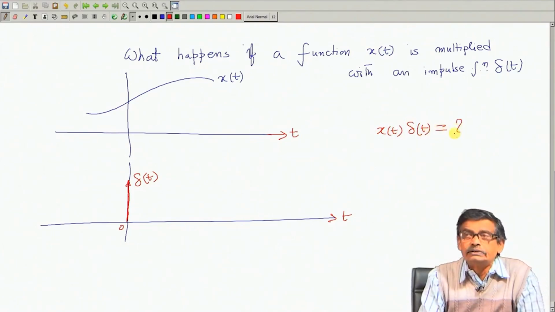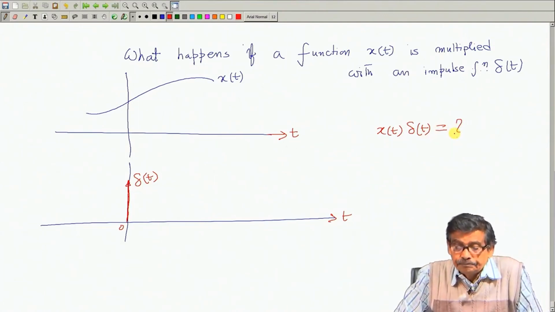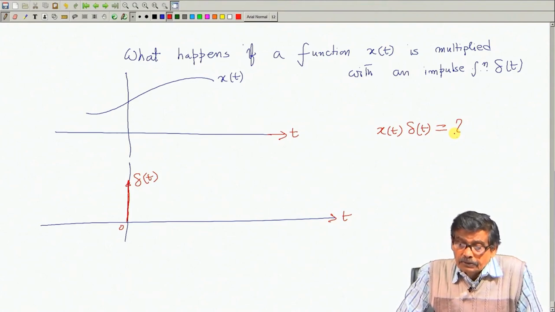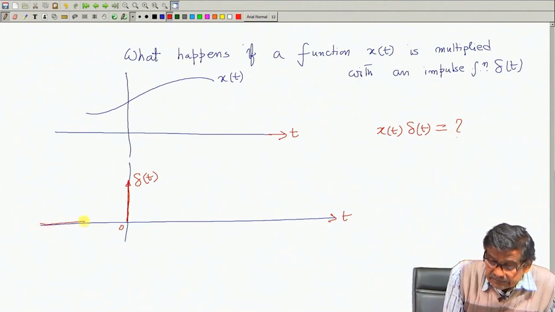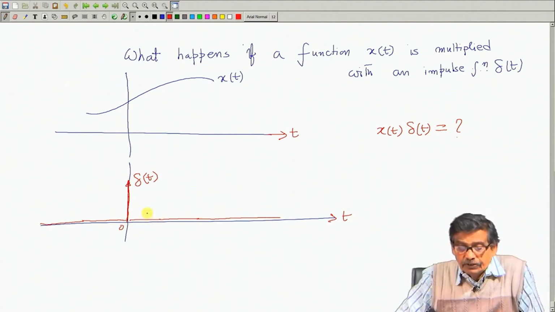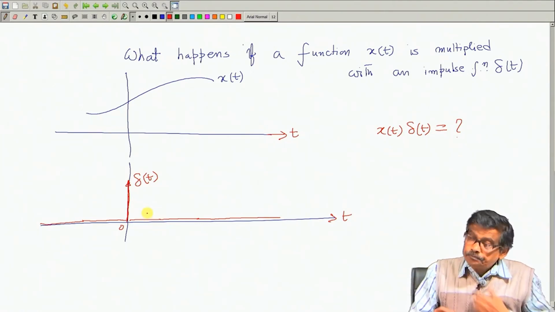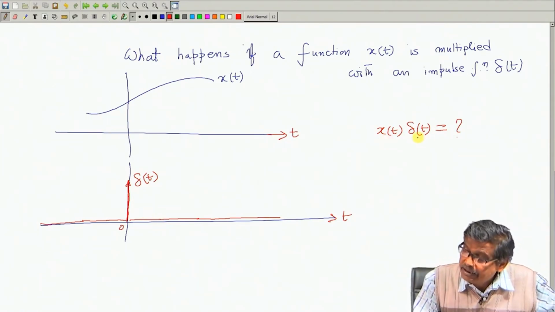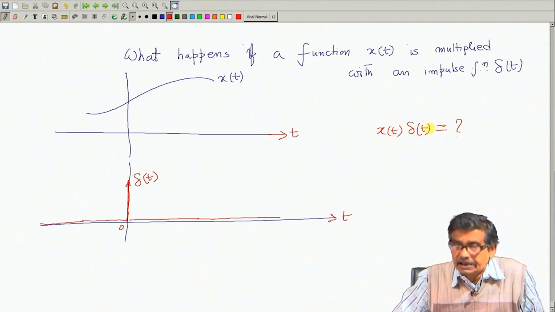That is the question we are asking. Now, we know delta(t) was 0 for t less than 0 and it is once again 0 for t greater than 0. So, when you multiply x(t) into delta(t), what will you get?